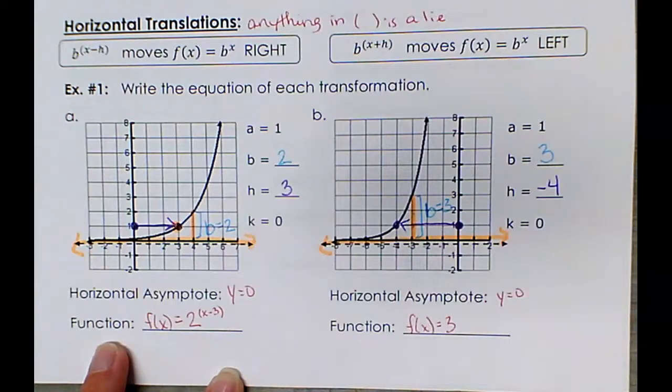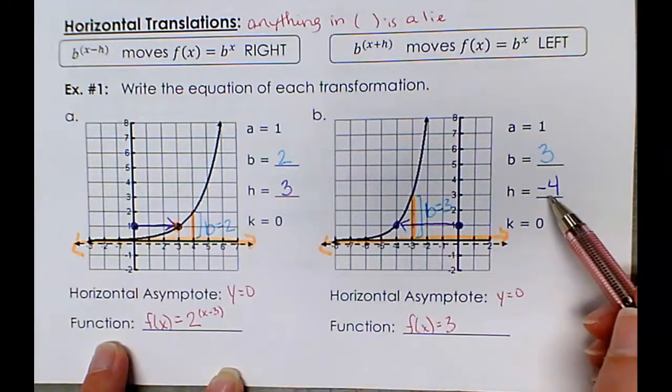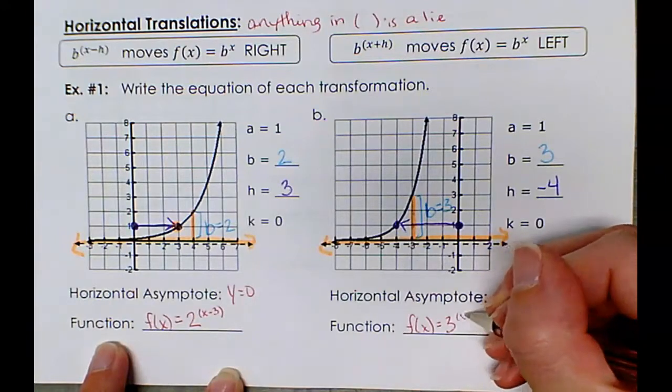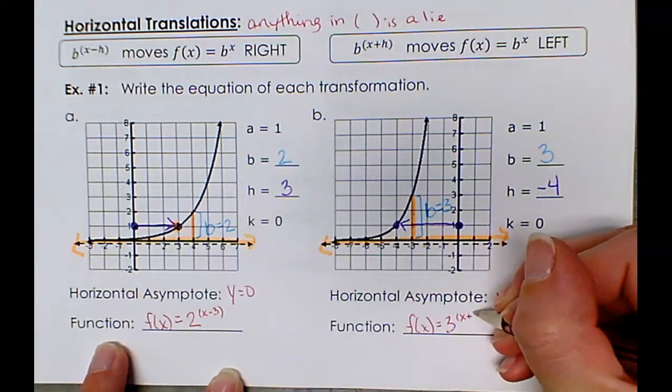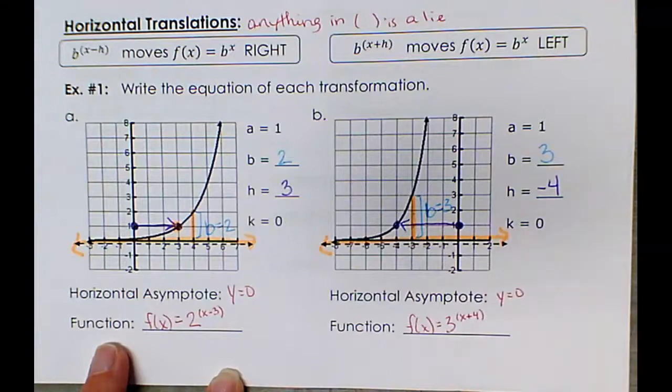So if I'm moving to the left, I've got minus 4, so this is x plus 4. All right.